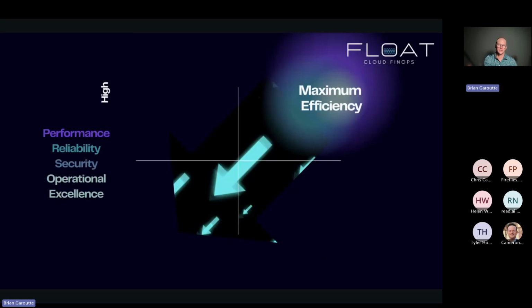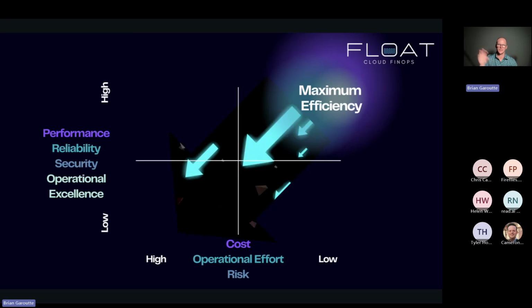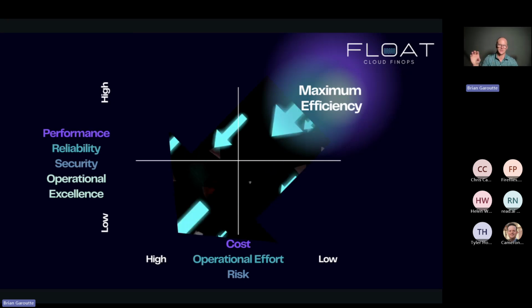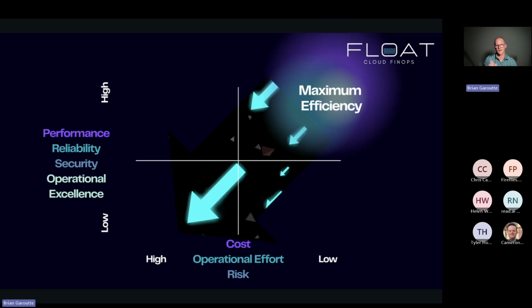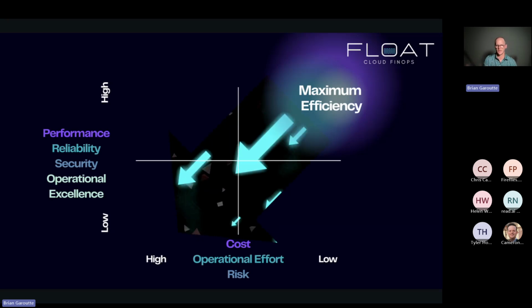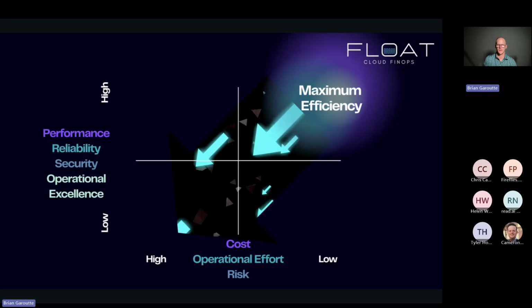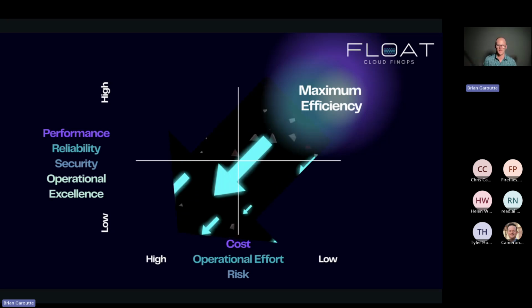So the challenge that we find in that is it's not a static place that you can get to. Establishing efficiency and then maintaining efficiency are constantly fighting these down and to the left forces and trends. Those could be new business requirements. Those could be new capabilities within Azure.